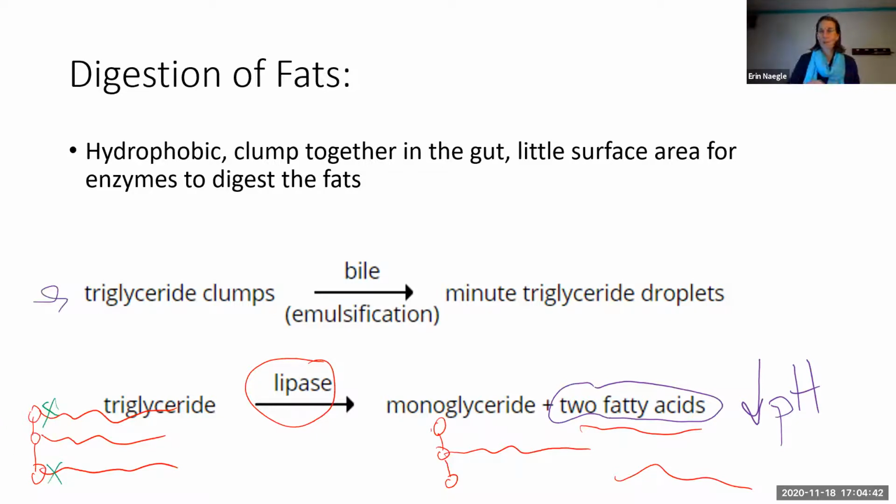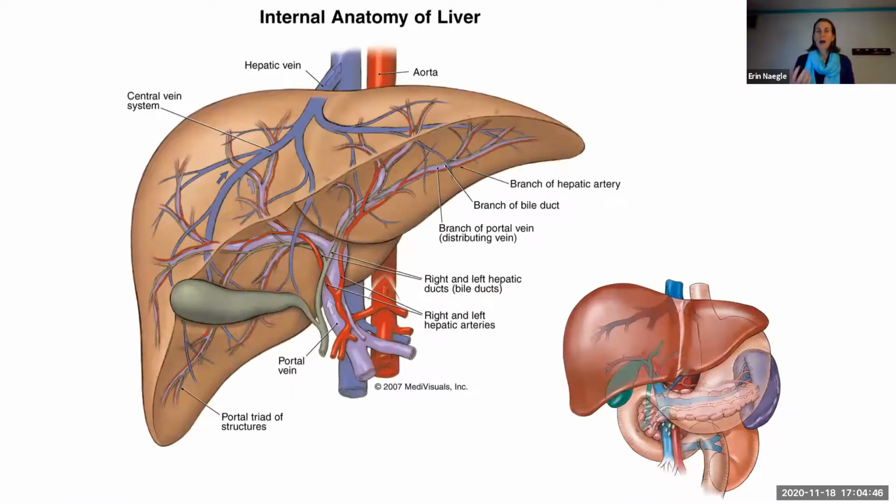Wait, there's more. What's this step about? Let's talk about bile. So bile is produced by the liver, stored in the gallbladder until it gets released. More on that in your recorded lecture. But once it gets released, that gallbladder is a little muscular sac, right? And it can squirt.